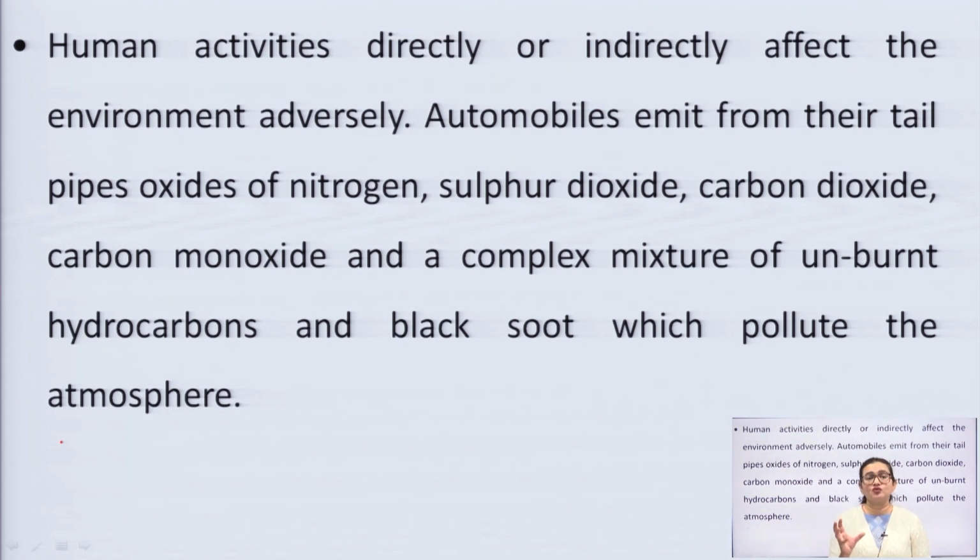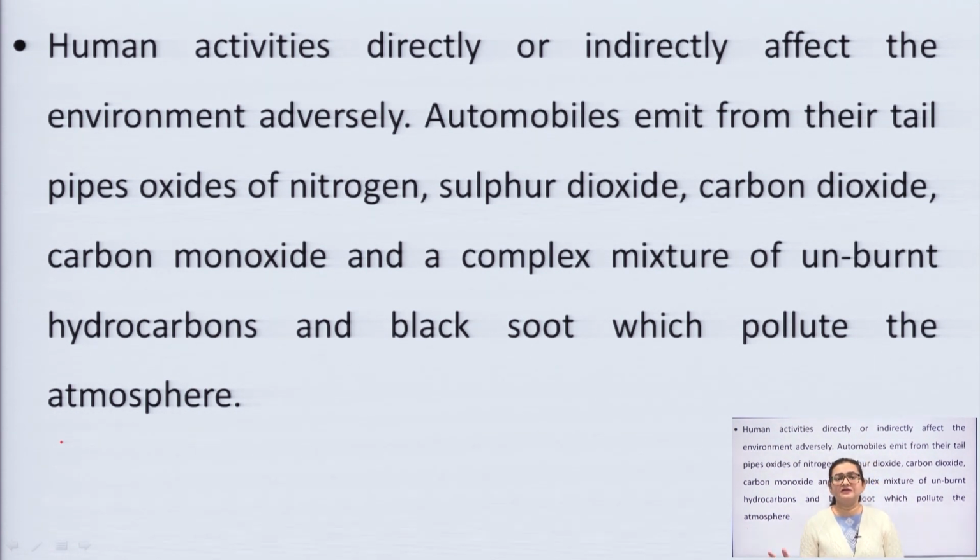The black soot which they produce is totally a poison for us all, and they pollute the atmosphere very badly. So, human activities, either directly or indirectly, affect our environment adversely.